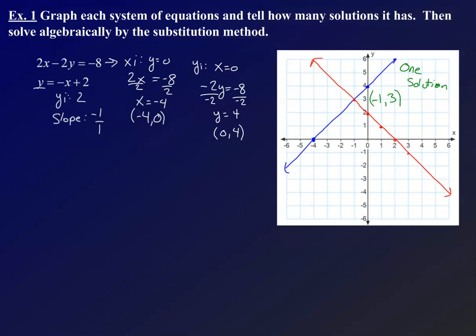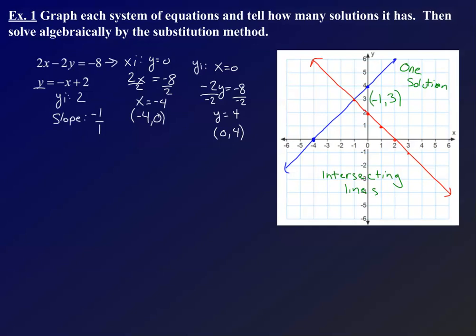And this is because there's an intersection of the lines. And then the second part of this says to solve this algebraically by using substitution. So we're going to go ahead and do that now.